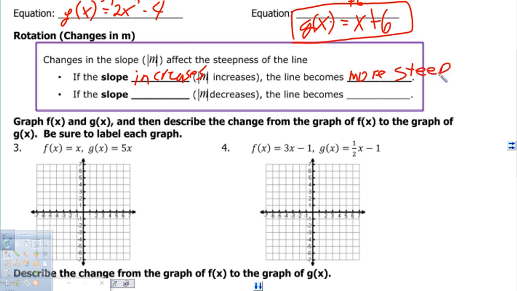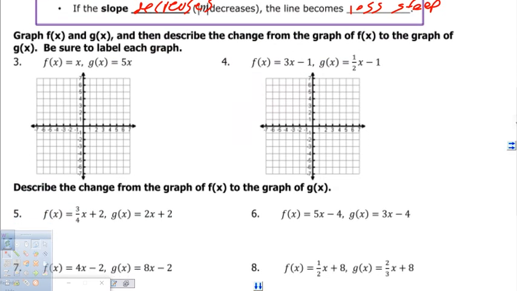Okay? And if the slope decreases, then the line becomes less steep. Alright? So let's take a look at these.